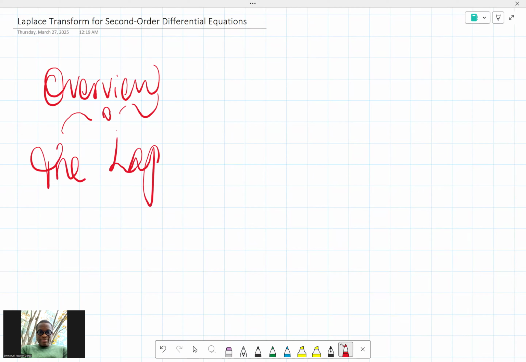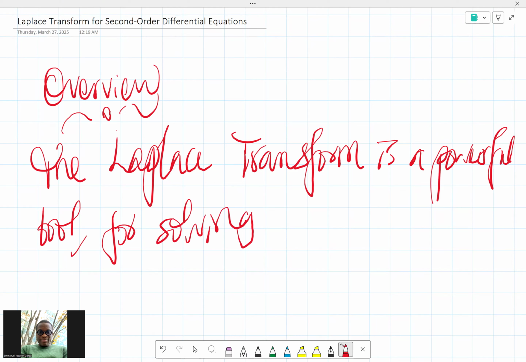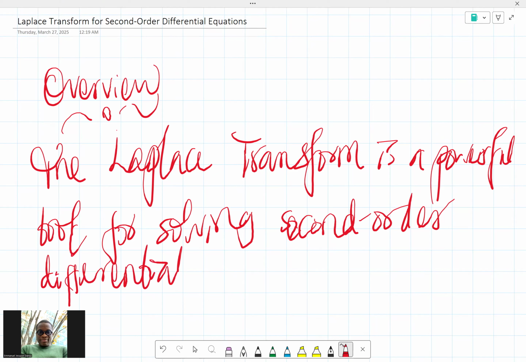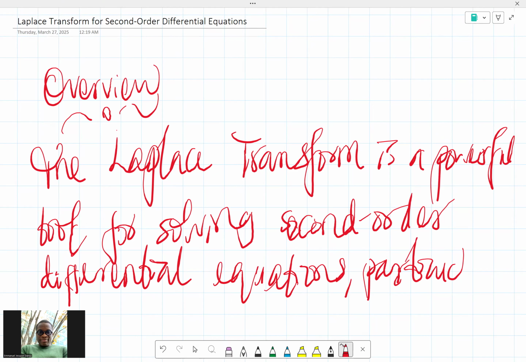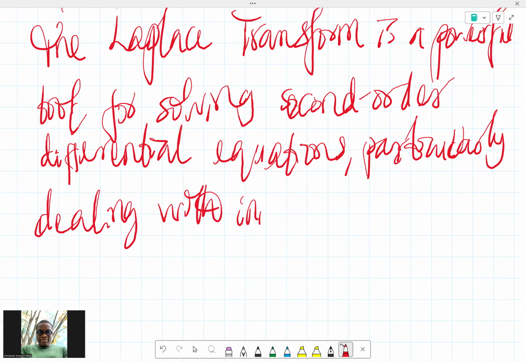Again, the Laplace transform is a powerful tool for solving second order differential equations, particularly dealing with initial value problems.